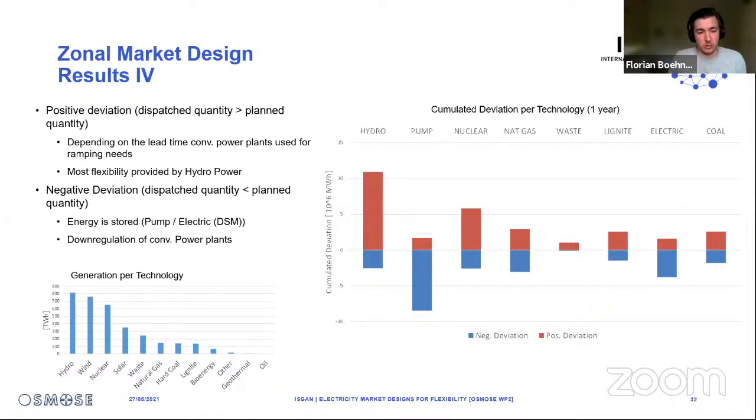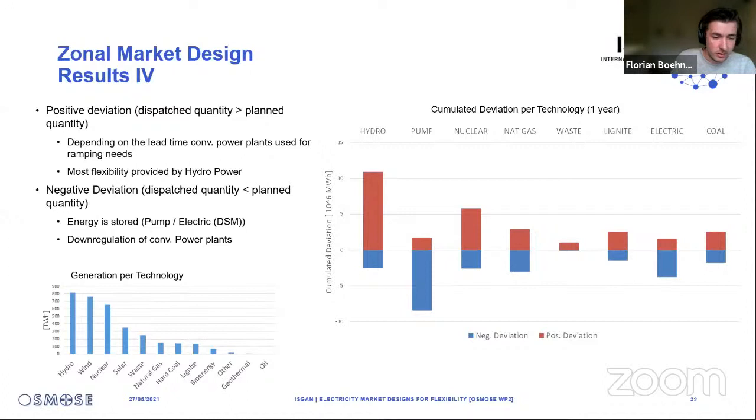And we are currently analyzing if there's a relationship between which flexibility options are used during which quarters or during the year. If there is, let's say, nuclear, maybe flexibility options for the summer period, and lignite and natural gas for the winter periods, which could be. But anyways, we are currently researching this.